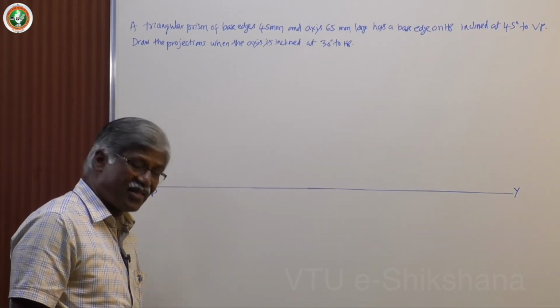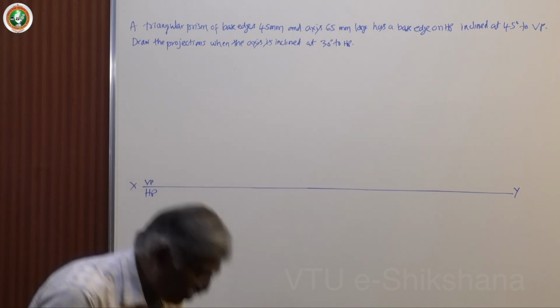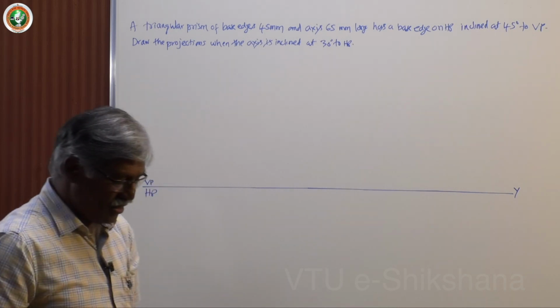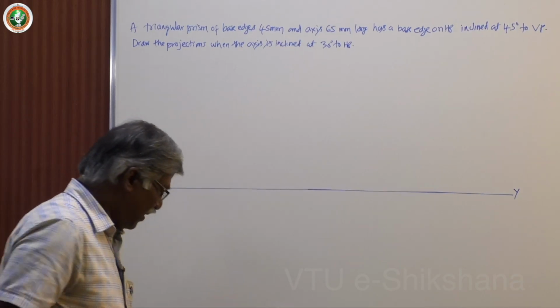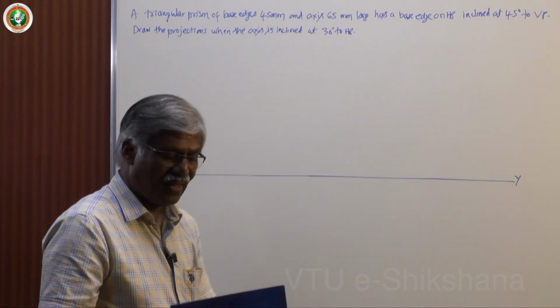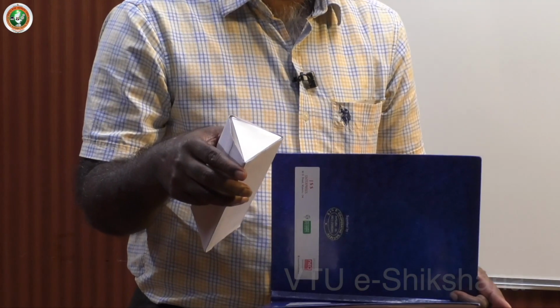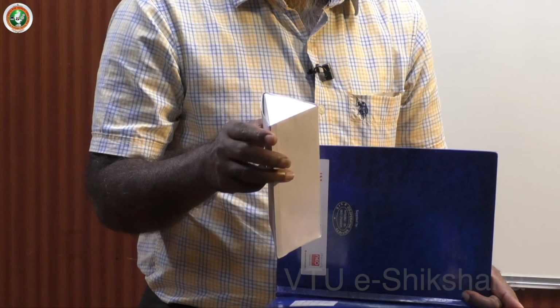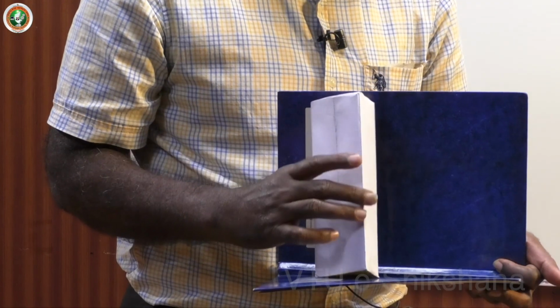So let me analyze the problem by taking a simple model of a triangular prism. This is the triangular prism. Already I told you, dark face and light face. This light one I consider always the top face and this is the base, easy for explanation and understanding.